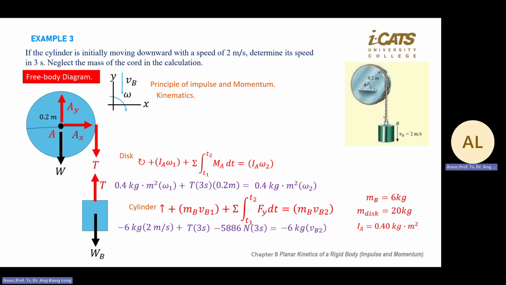Once you have this equation, then you can convert what you know: V equals omega R, so omega equals V divided by R. R is 0.2. V is in the tangent direction, and it must be perpendicular; the V and the R must be perpendicular. Once you have omega, you can substitute in.